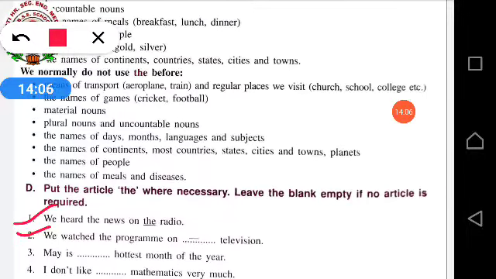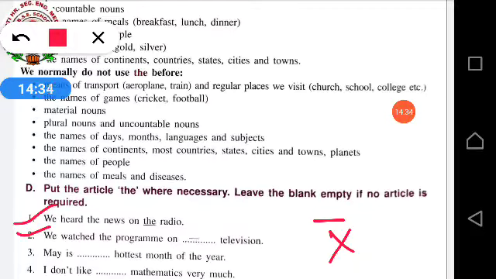We watched the program on dash television. We will not write the; we will put a blank or a cross and write television over there, because television is television. Particularly we are not talking about which television. It's common.